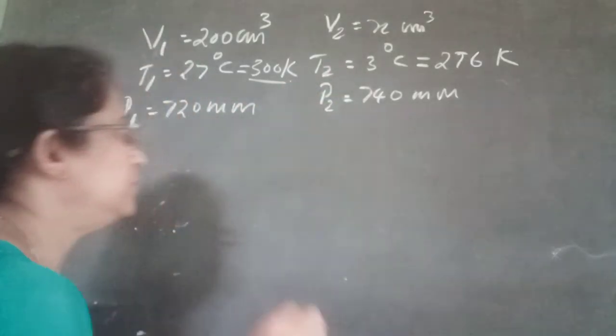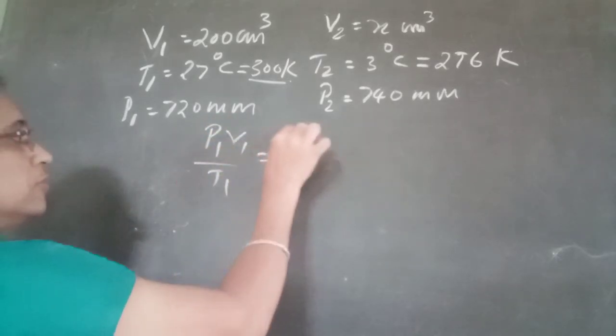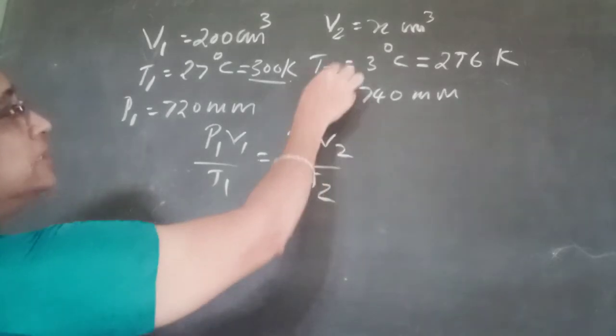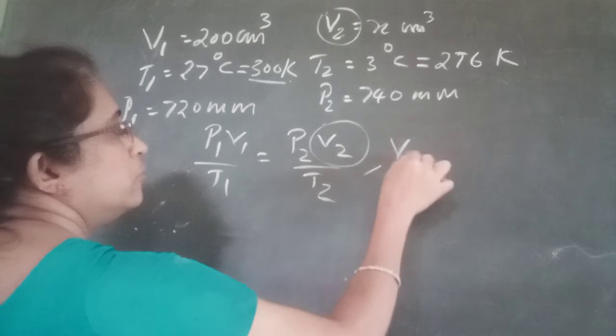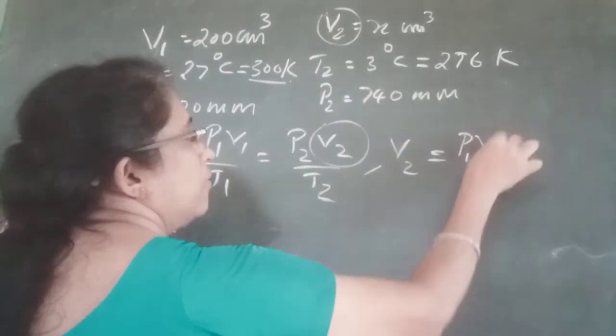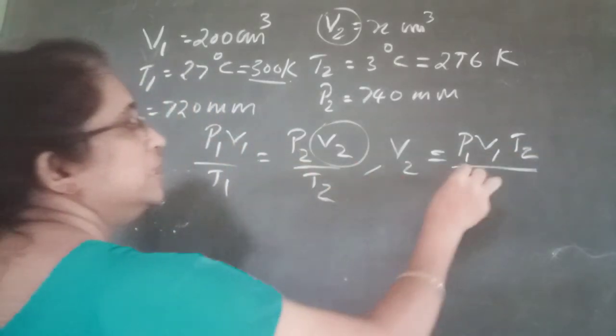Write the gas equation: P1 V1 by T1 is equal to P2 V2 by T2. Which parameter is unknown? V2. So write the expression for V2: V2 is equal to P1 V1 T2 divided by P2 T1.